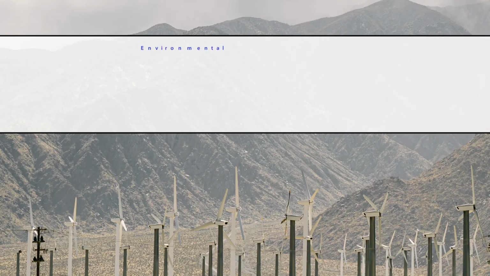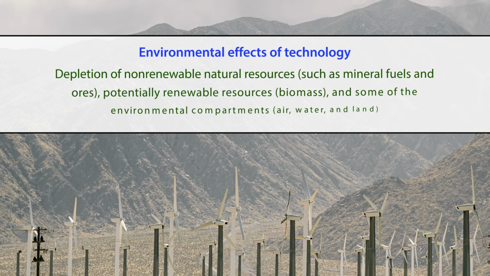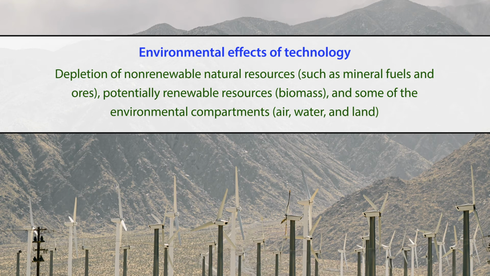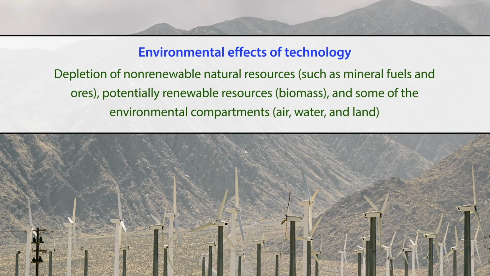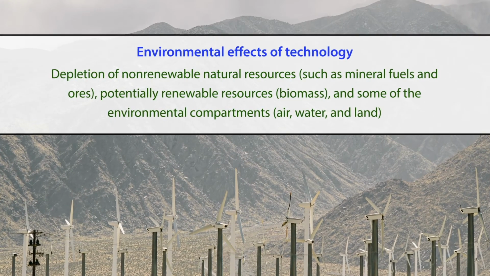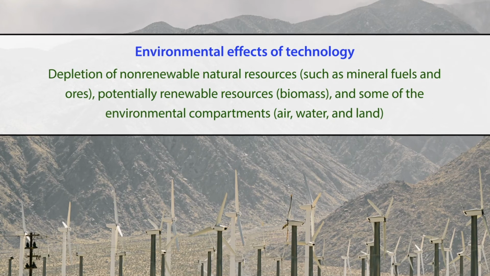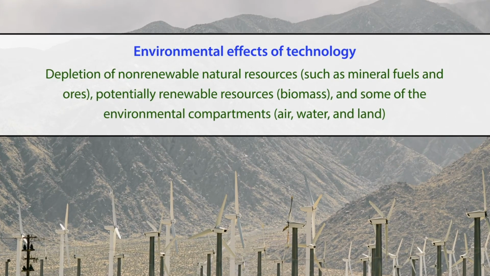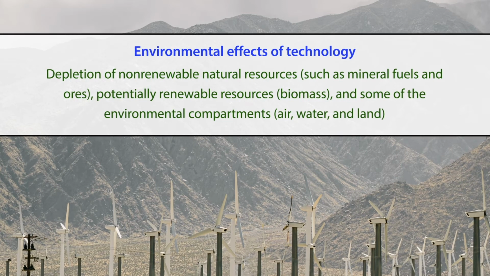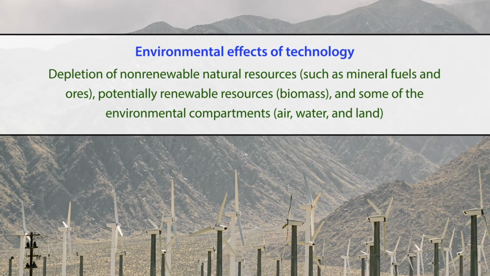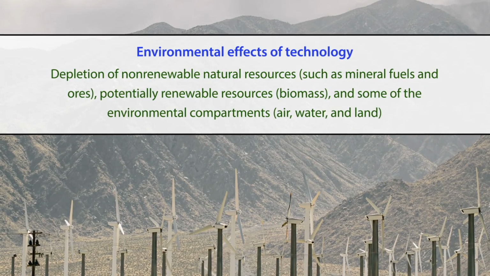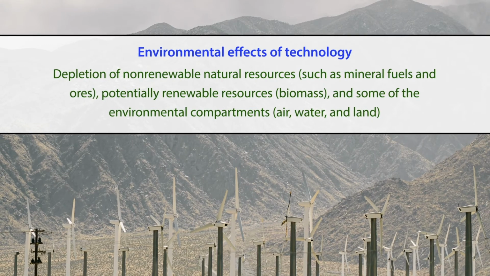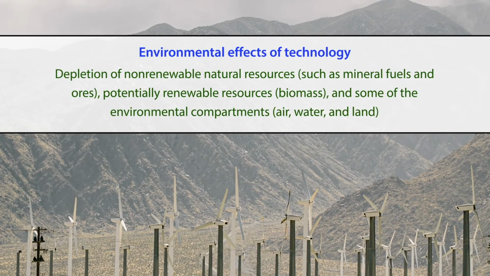Now, the environmental effects of technology usually are depletion of non-renewable natural resources such as minerals, oils, fuels and ores, and potentially renewable resources also like biomass. Some of the environmental compartments are also affected, such as air, water and soil.